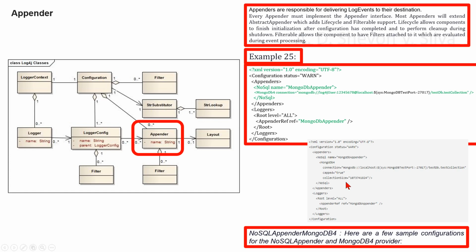See the capped collection documentation for more information. This appender is map message aware. Here are a few configurations for the NoSQL Appender and MongoDB4 provider.